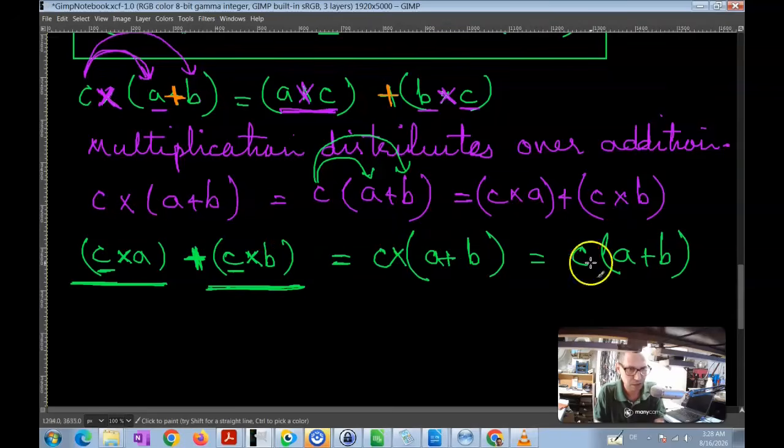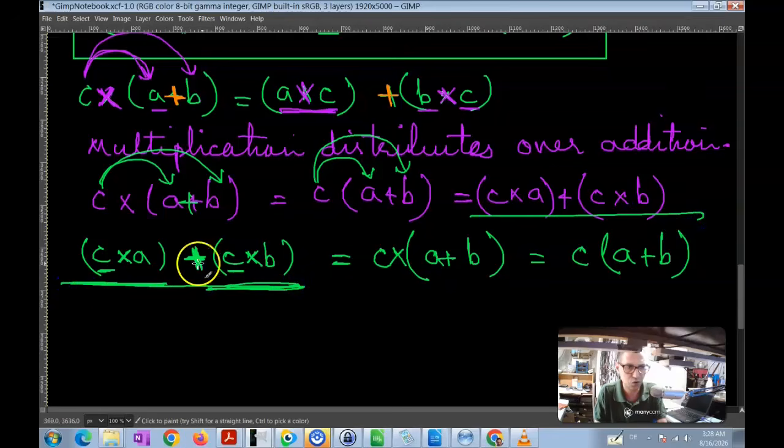So it's the exact same thing. When you have this expression, you can distribute or spread it out and write it as c times a plus c times b, right? Or when you have this expression like what you have over here, you can factorize the common factor and write it as c times (a plus b).